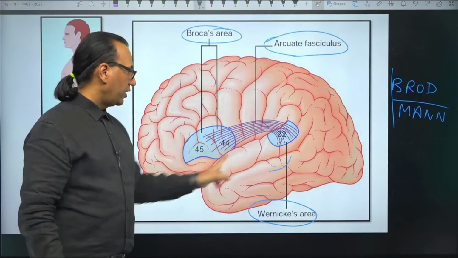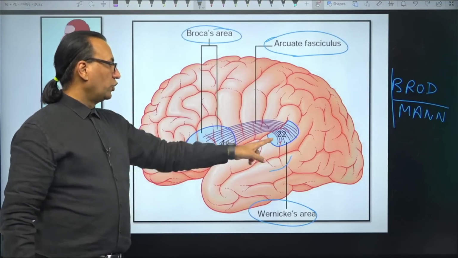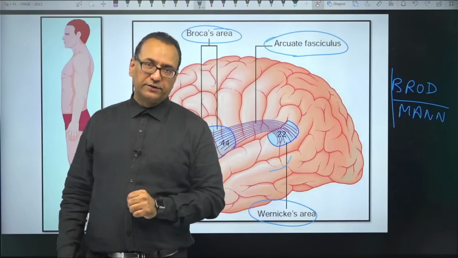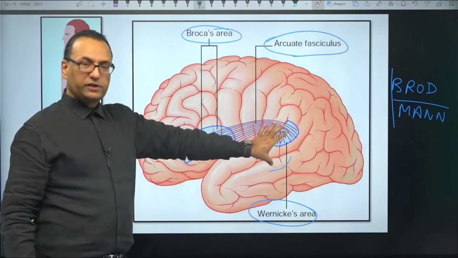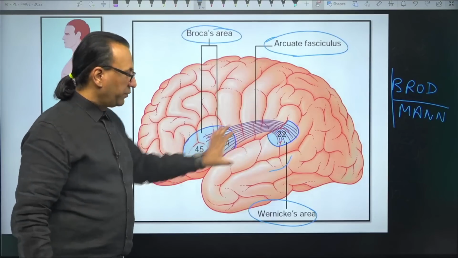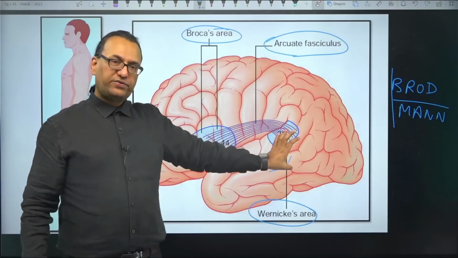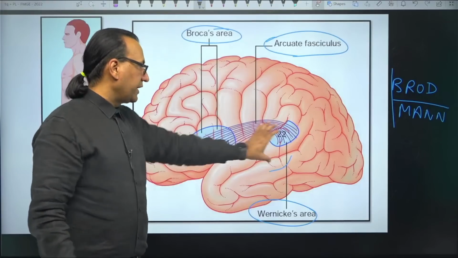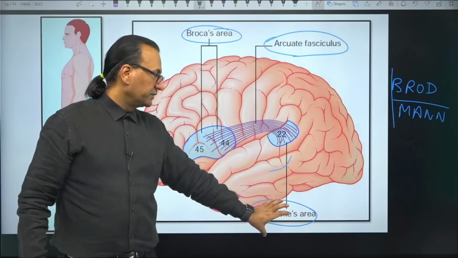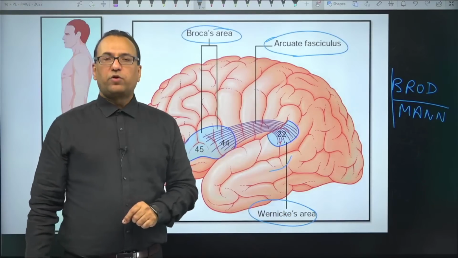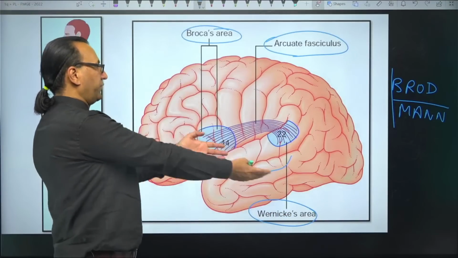But on the temporal gyrus, where exactly? Superior temporal gyrus. But on the superior temporal gyrus, where exactly? Anterior or posterior? It is posterior. So the posterior part of the superior temporal gyrus is area number 22, which is Wernicke's area. What about Broca's area? Broca's area is on the front, on the frontal lobe.